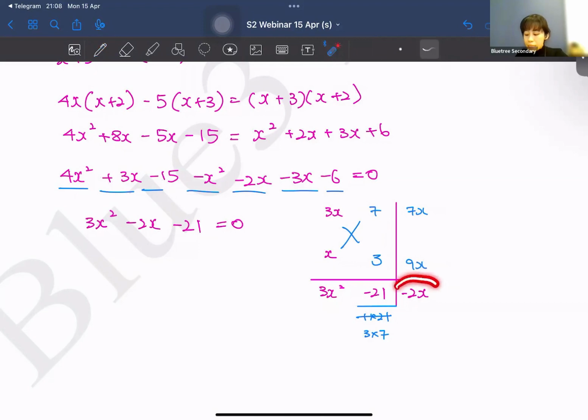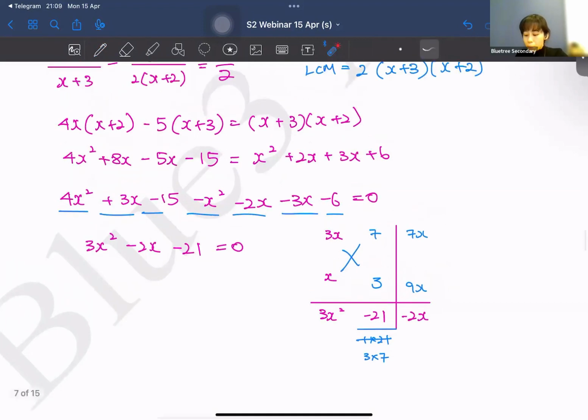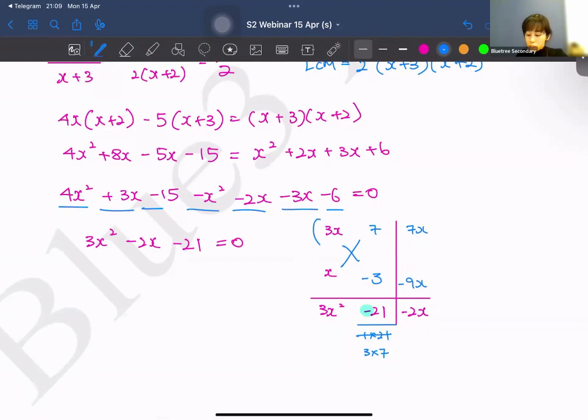But your outcome is a negative number. That means to say that the bigger of the two numbers needs to be a negative, such that negative 9x plus 7x will give you negative 2x. So this negative sign needs to come from the multiplication at the front, and that is going to come from this 3 because your 21 has a negative at the front. So your two factors are going to be 3x plus 7 and x minus 3.